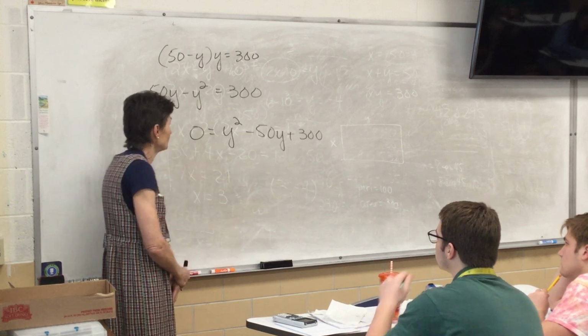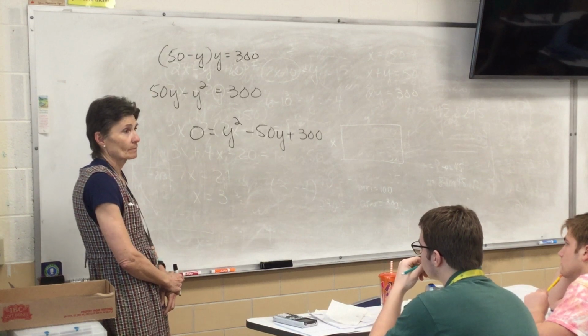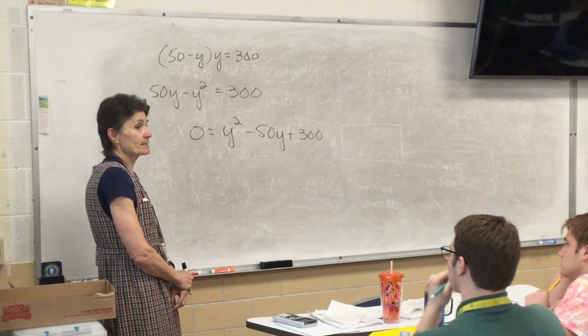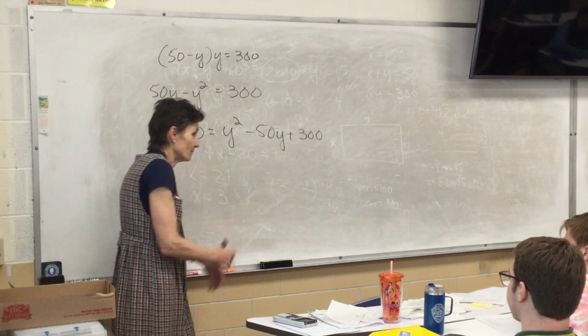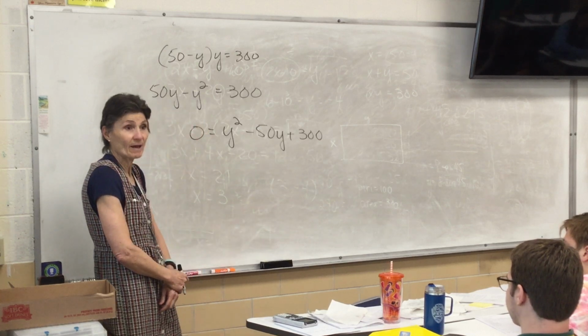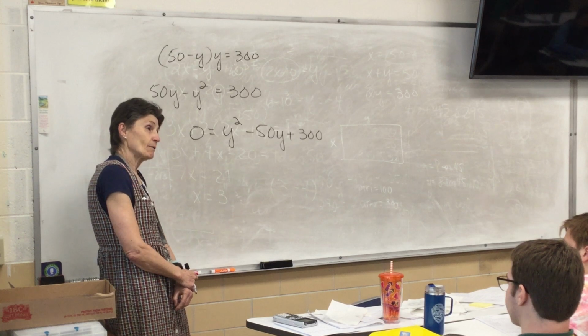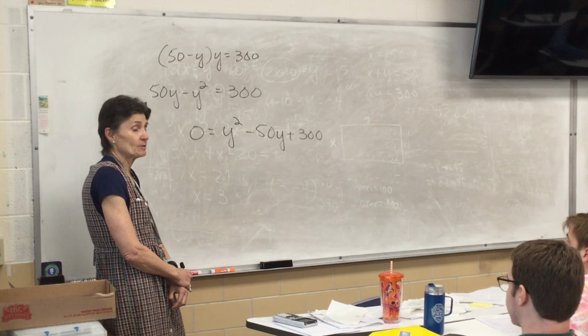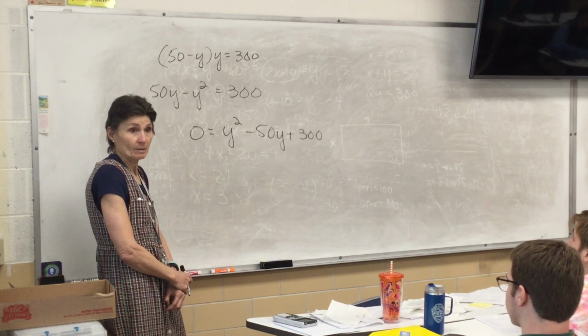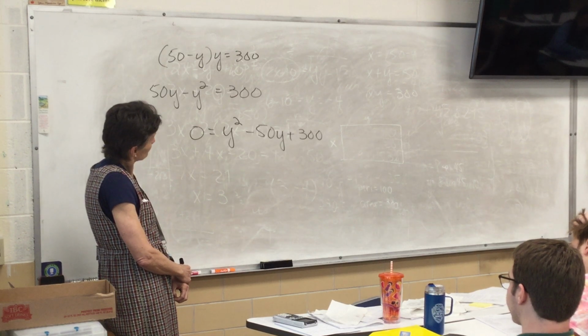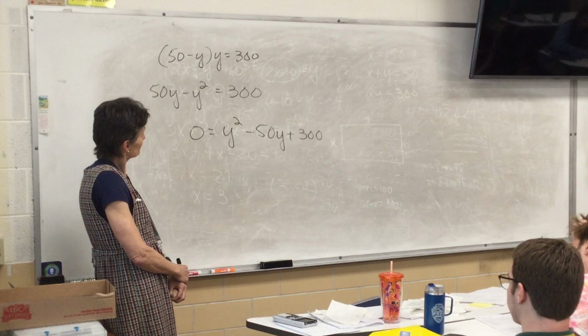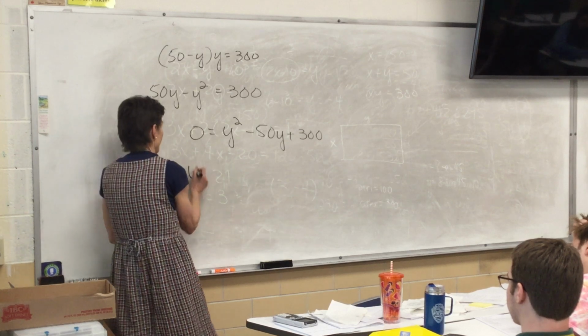Alright, so what am I gonna do with that guy? If I can see how it factors, I don't know that it factors, but if you can see how it factors, you can go ahead and factor it. If you don't see how it factors and don't wanna mess around with it, you can use the quadratic formula. Anybody see that factoring? Alright, let's use the formula then.